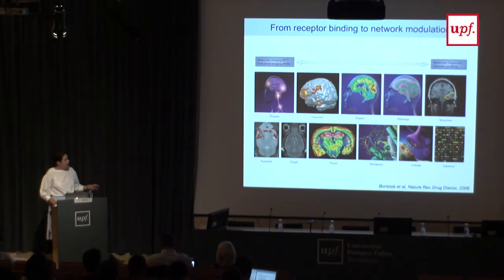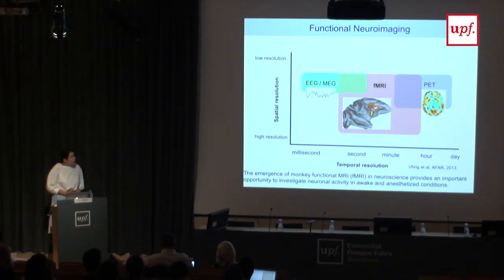So first I described the more cellular and receptor mechanisms of the anesthetics, but now I will come to the function of the brain under anesthesia. How could we study the function of the brain under anesthesia? The main technique we use in the lab is functional MRI.